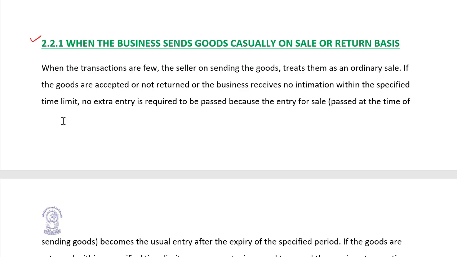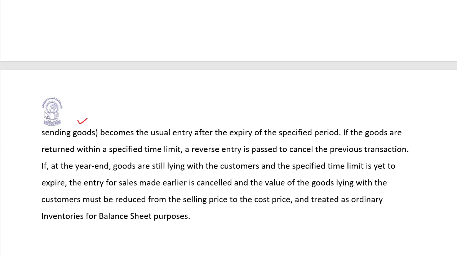If the goods are accepted, or not returned and the business receives no intimation within the specified time limit, no extra entry is required because the entry for sale passed at the time of sending the goods becomes the usual entry after the expiry of the specified time. If the goods are returned within the specified time limit, a revised entry is passed to cancel the previous transaction.